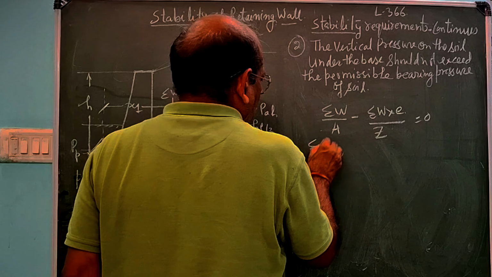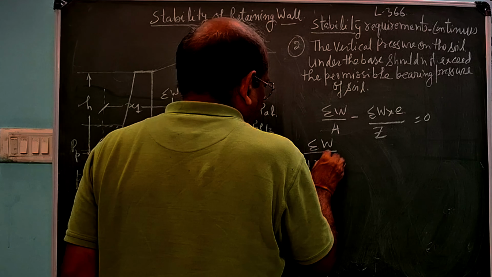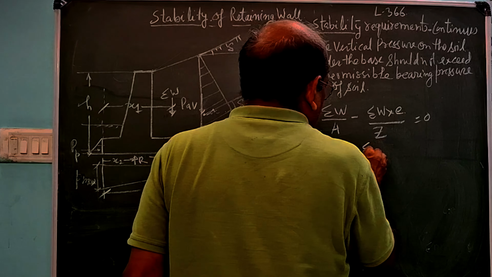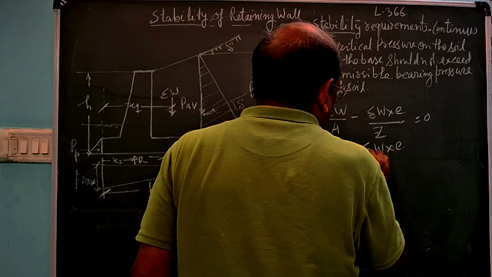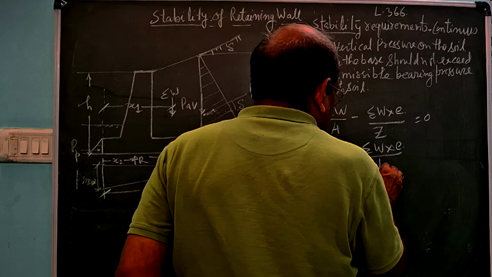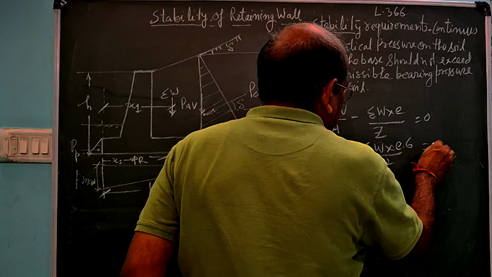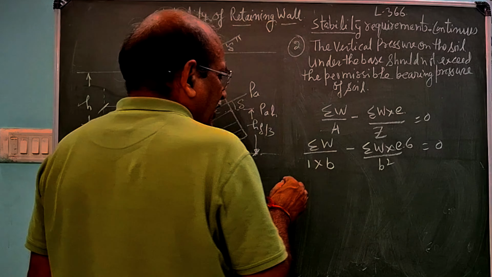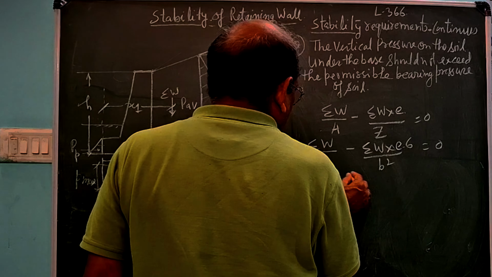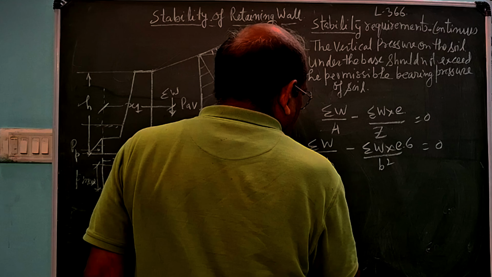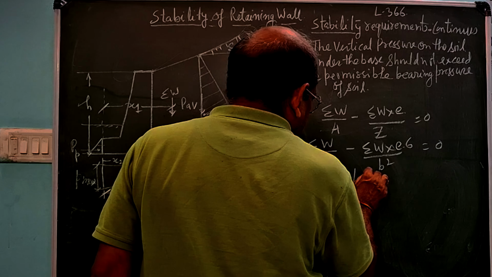So sigma W upon B is equal to sigma W into E divided by B square by 6, or B by 6. So this will be 0. Finally, sigma W cancels out, and E equals B by 6.